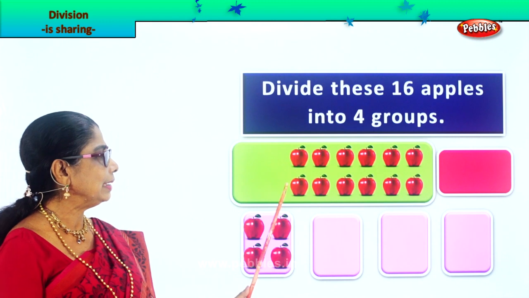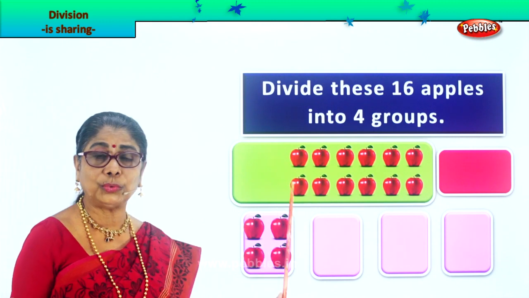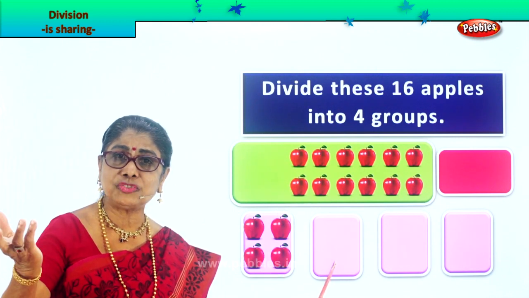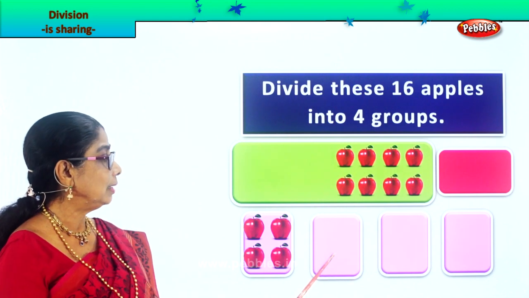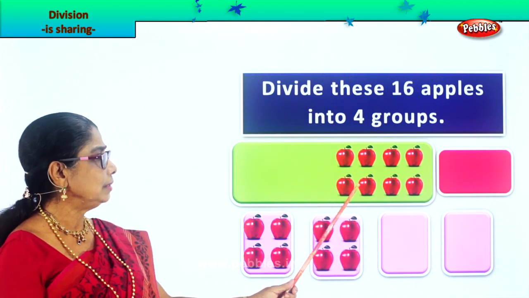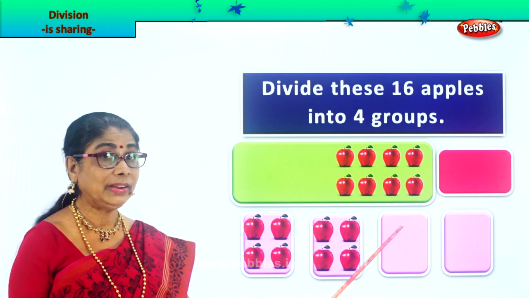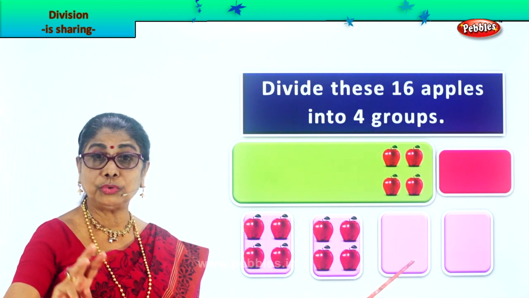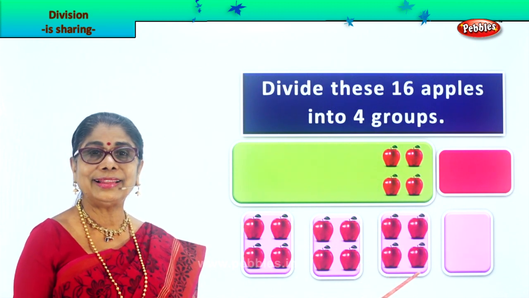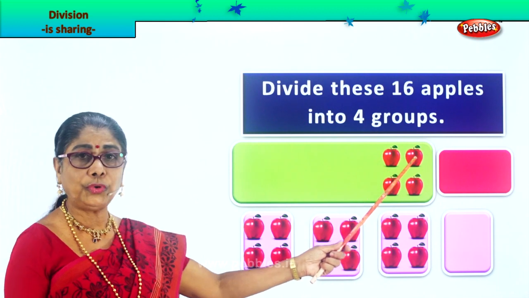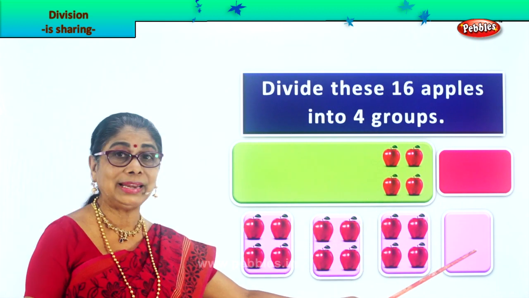Yes. Next, 1, 2, 3, 4. Shall we put them in the second tray? Look. Next, 1, 2, 3, 4. Shall we take another 4 and put them into the third tray? Look. Finally, we are left with 4. Let's put that into the last tray.